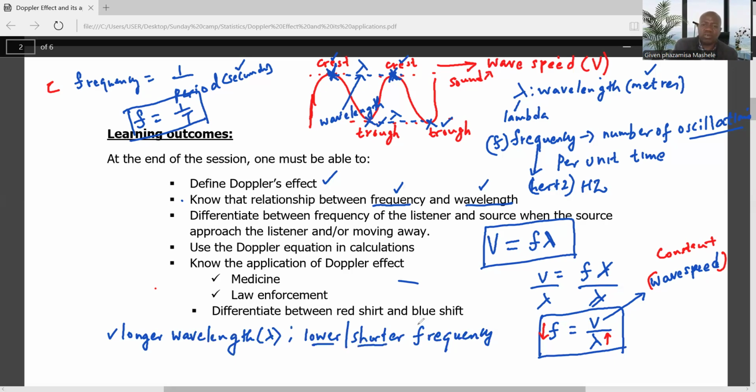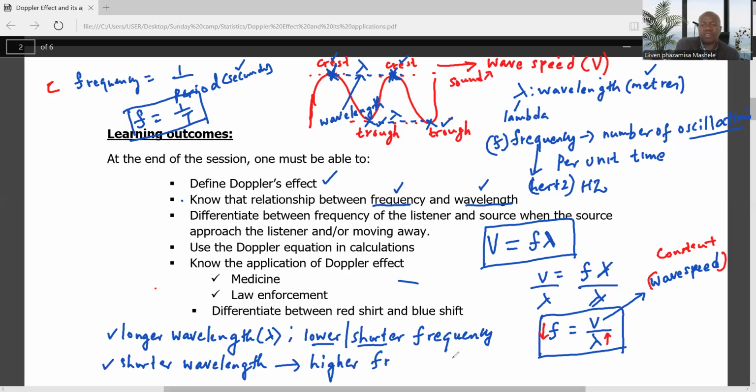This also means the lower the pitch, because pitch and frequency are directly proportional. And the shorter the wavelength, the higher the frequency.